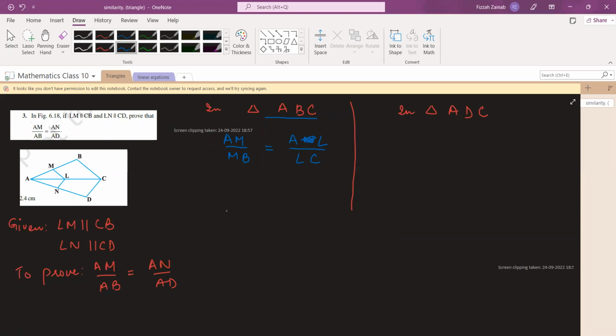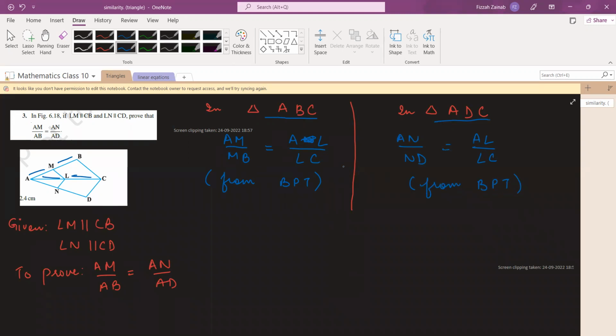This part upon this part is equal to this part upon this part. Now in triangle ADC, from BPT, again I can write AN upon ND is equal to AL upon LC.